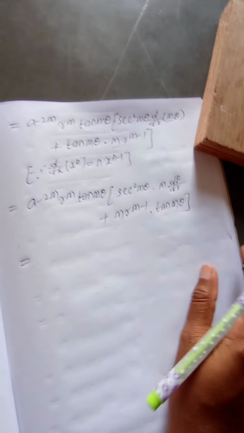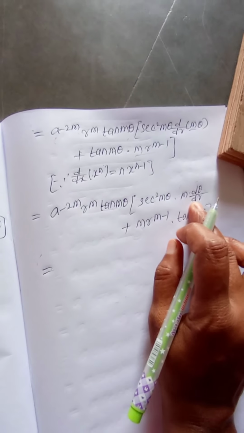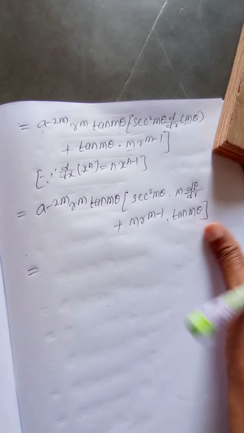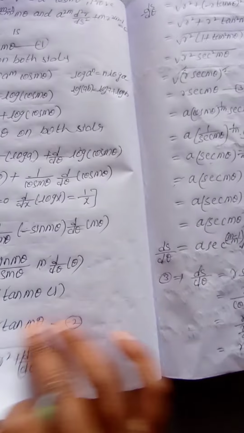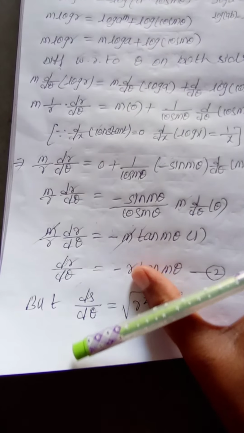So we know the d theta by dr value, so substitute d theta by dr. From equation 1, we know that dr by d theta is minus r into tan m theta, so d theta by dr is the reciprocal.